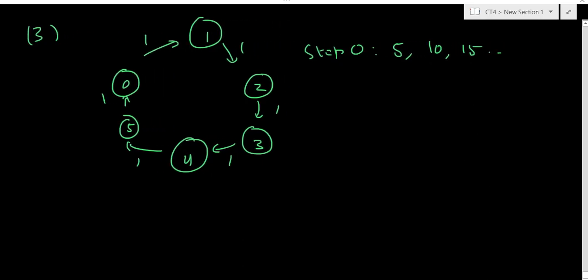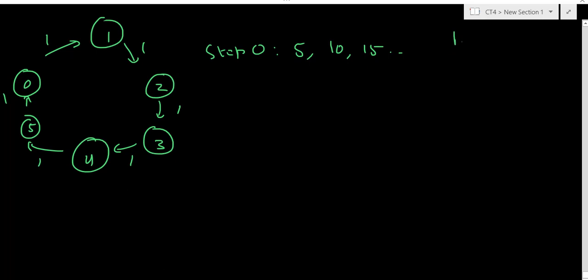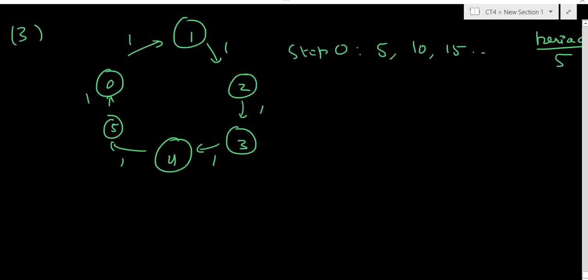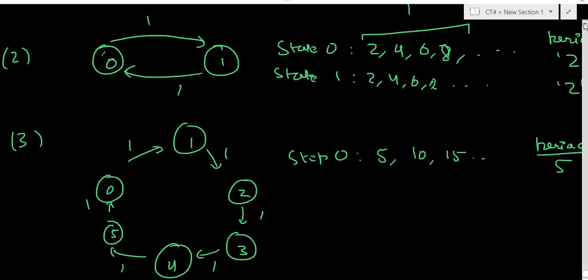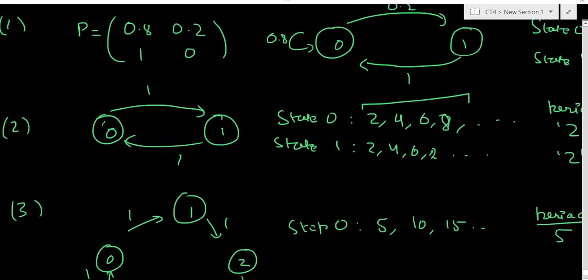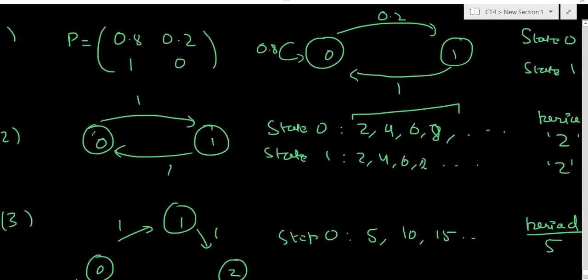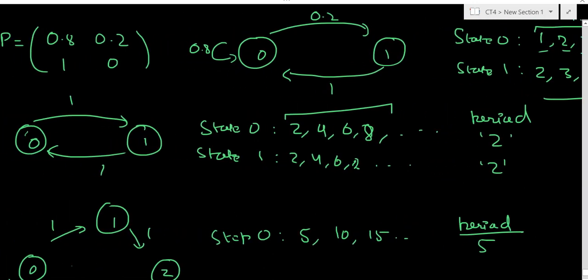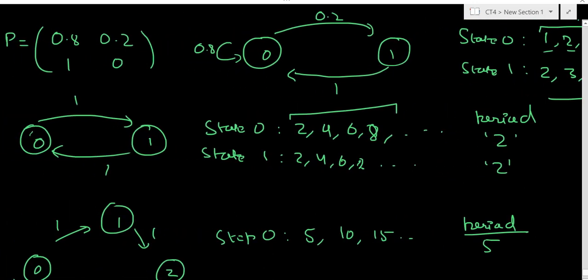So the period here would be the HCF of all of these, the highest common factor, that would be 5, right? You should remember that if these steps were 2, 3, 4, 5, 6, 7 and 8, that does not matter, because still the period is 1, because there is no common factor of these, right?